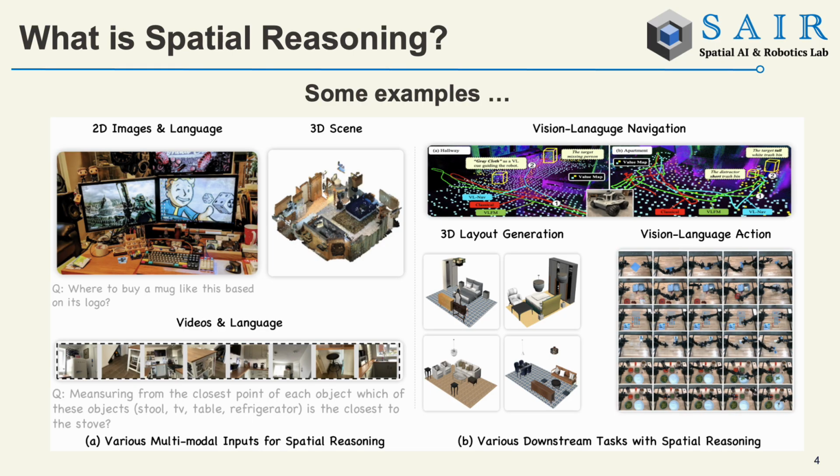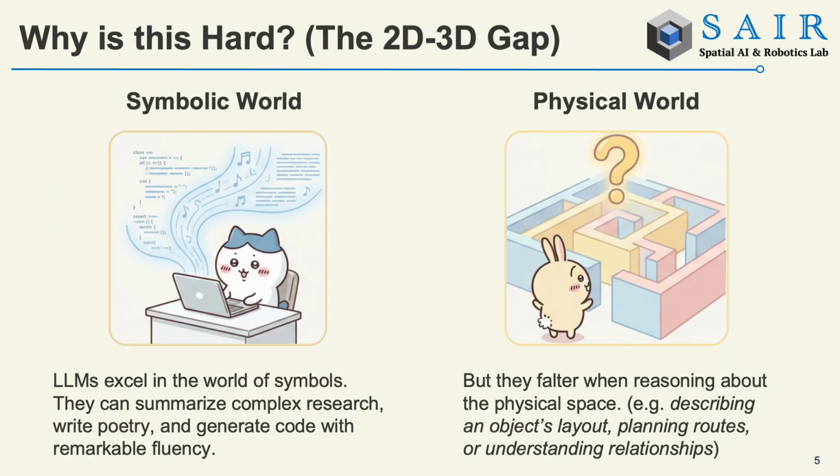manipulation. Language models are strong in the symbolic world, but physical space involves distance, direction, and changing viewpoints. A 2D image is only a projection, while the model must recover a stable 3D structure.